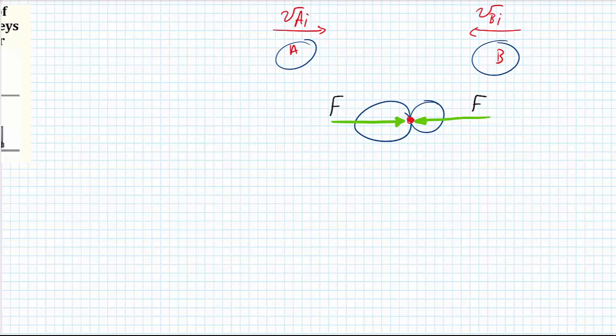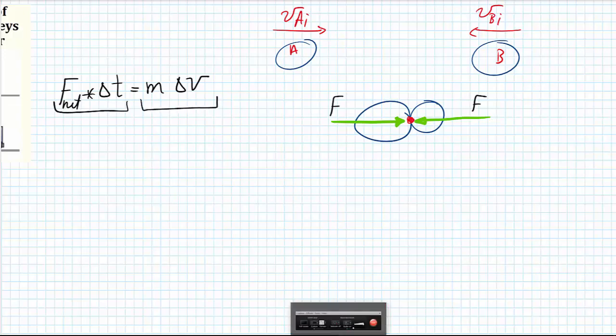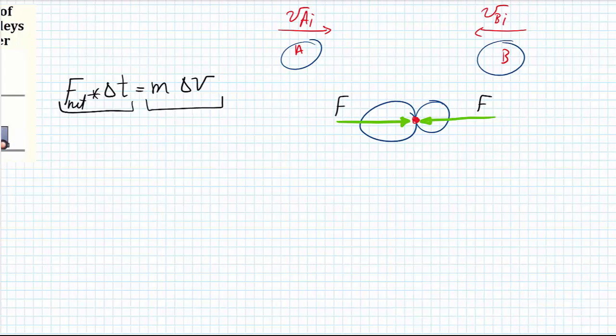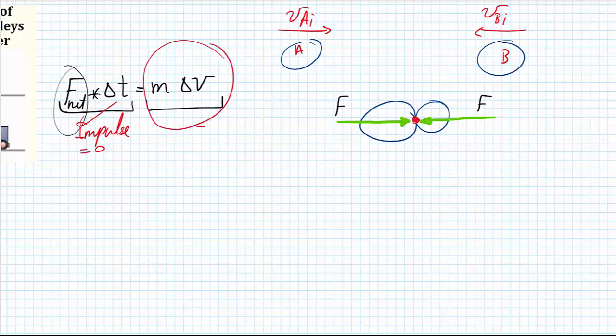And if you remember the equation of impulse, the net force times time equals m delta v, which is the change in momentum. So this one we call the impulse, and this one is the change in momentum. So if the two forces are equal in magnitude and opposite in direction, that means the net force here is 0. That means this impulse is 0. So the change in momentum also is 0.